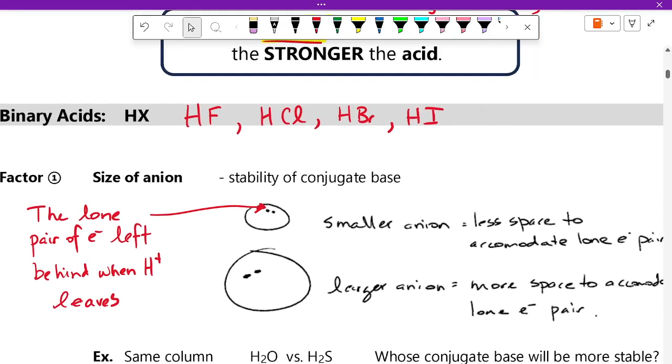The smaller the anion, the less space there is to accommodate that lone pair. And what do electrons do to other electrons? Electrons repel each other. So there's going to be less space and more electron-electron repulsion.